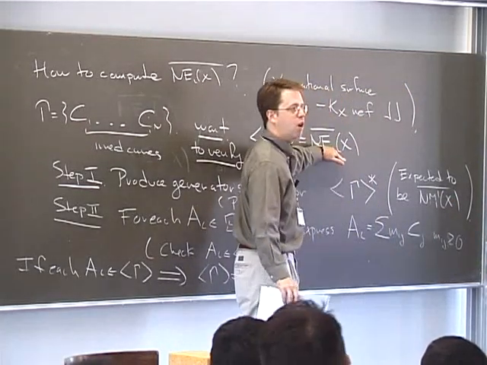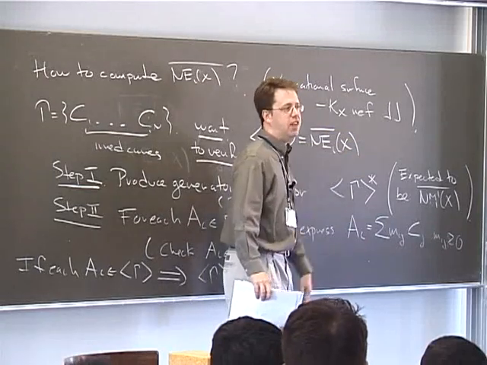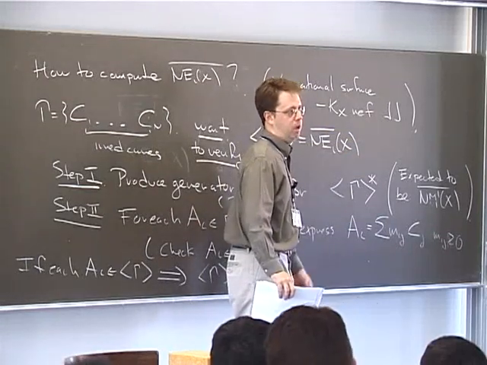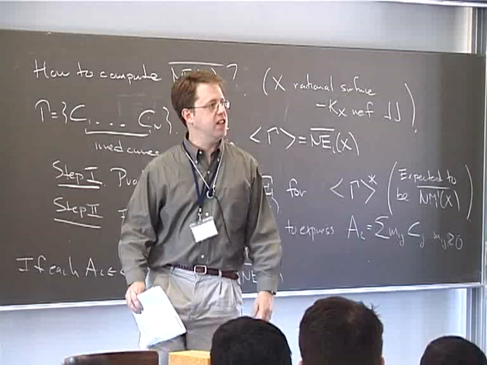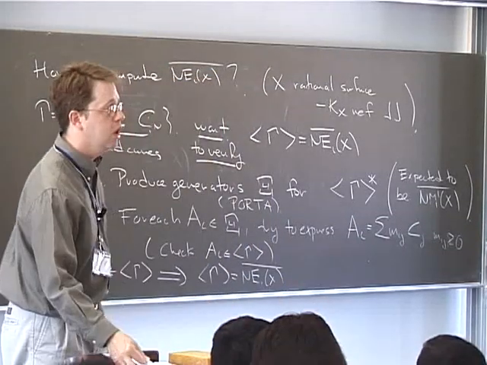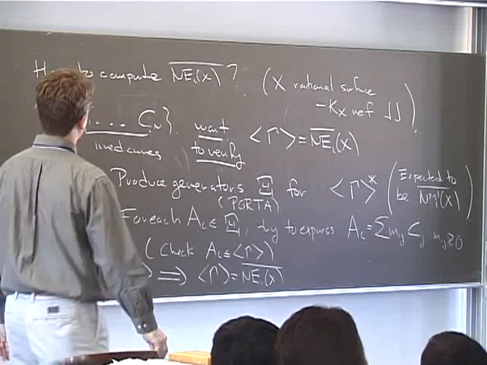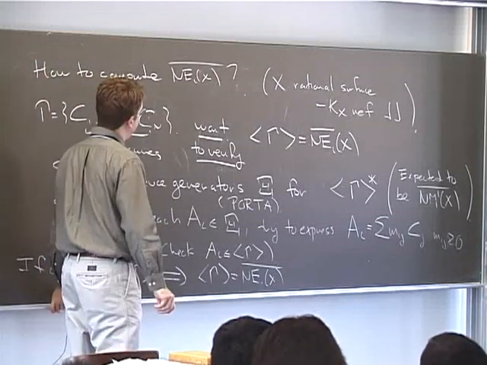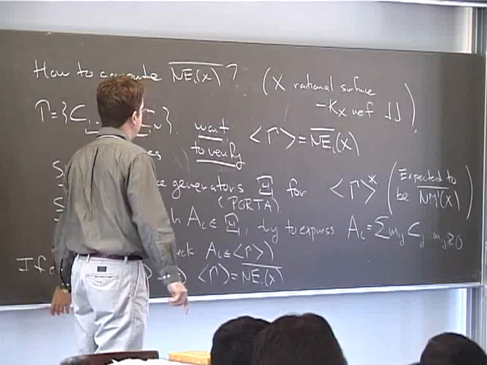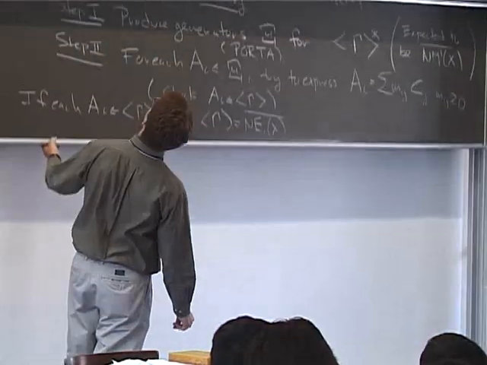This is a space of curves. But I have this identification between them. So for surfaces, the way these algorithms are structured is much cleaner because we have this identification. So this is actually not so hard to see. Let me say a few words about why it's true.